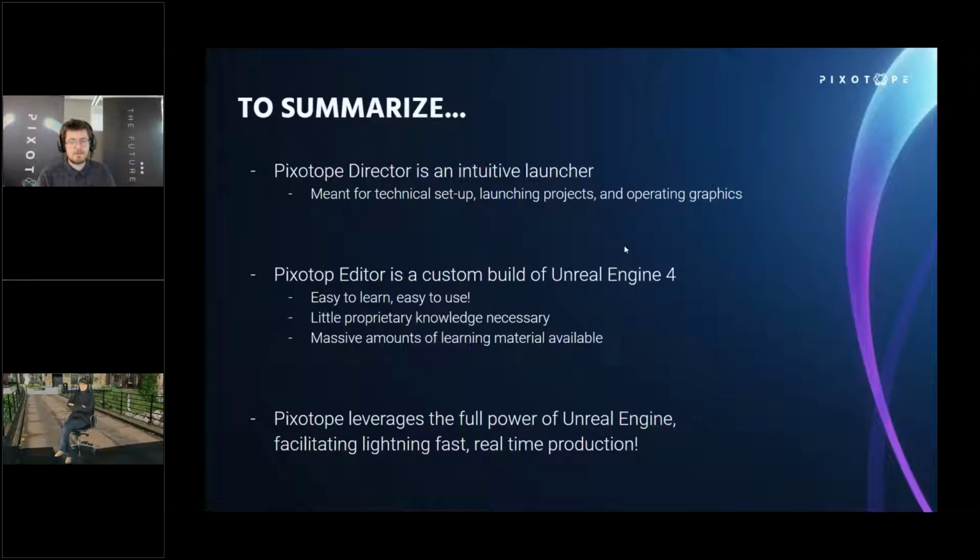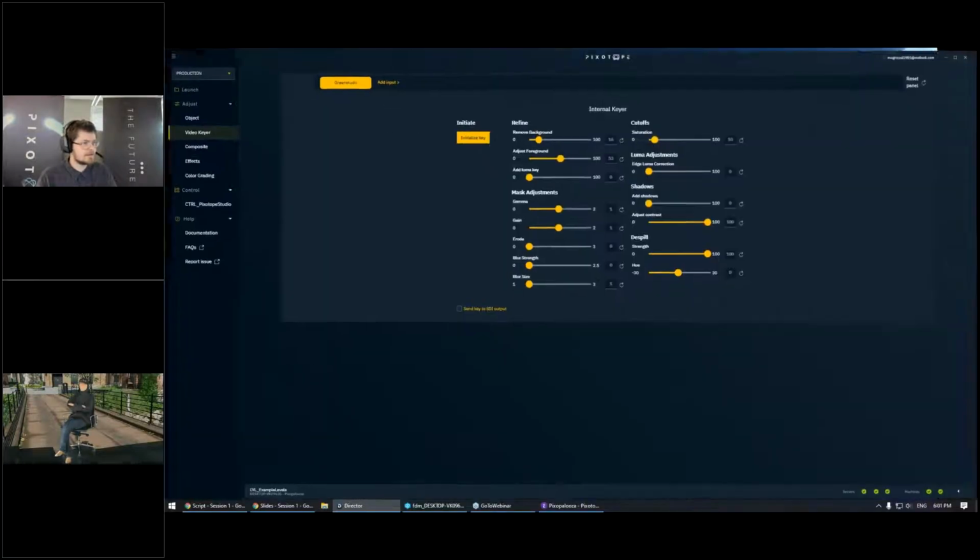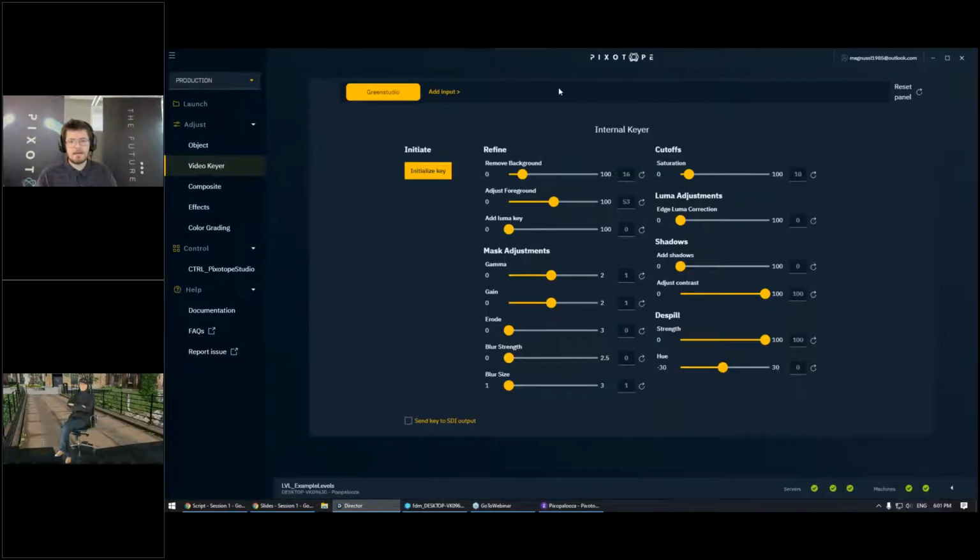We also, of course, have the user-friendly one-stop setup interface in the director, which we've already covered and glanced at, as well as other functionality within the editor itself, ensuring that Pixeldope is easier to use and learn for non-Unreal users.